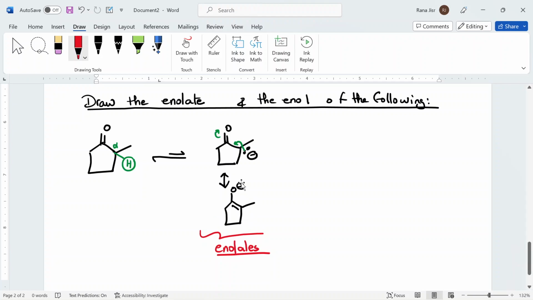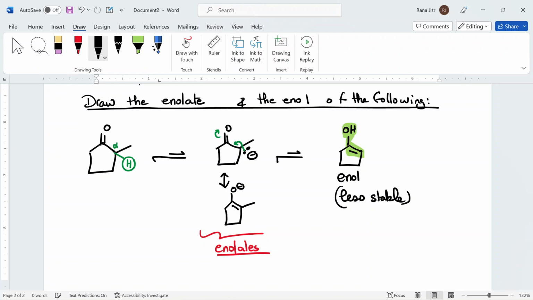Both of these are ions, and because they are ions, we call them enolates. Now the enolate is going to pick up a hydrogen from the solvent, and you are going to end up with the enol form. The enol part is always an OH next to a double bond. And the enol is always less stable than that of the ketone.